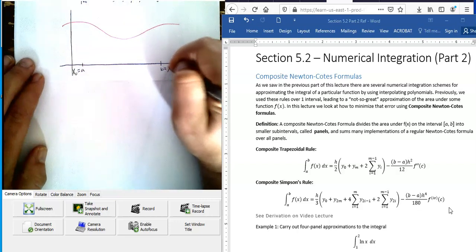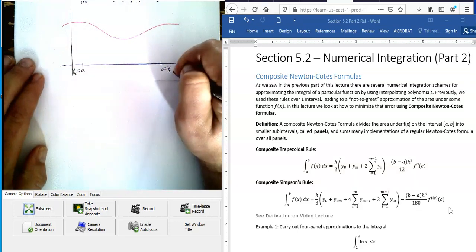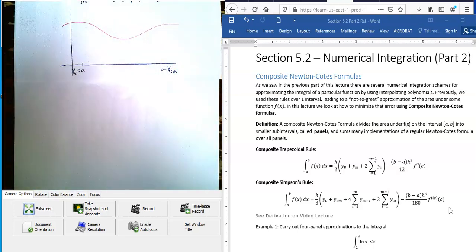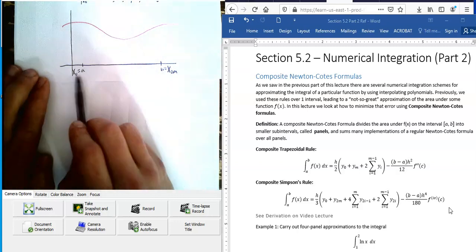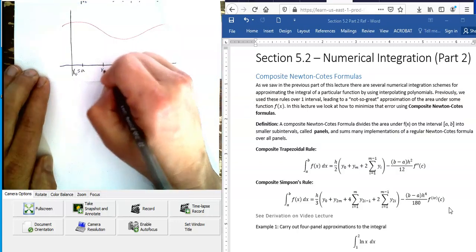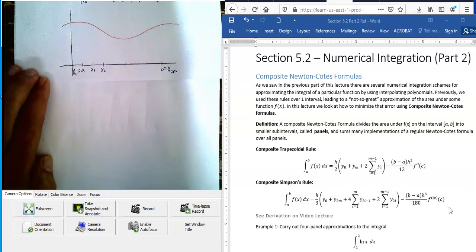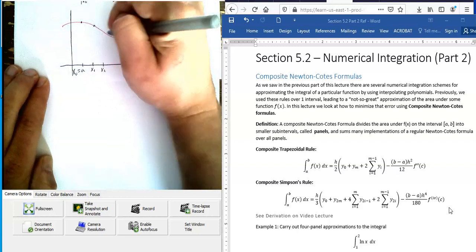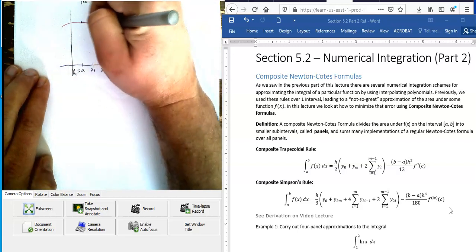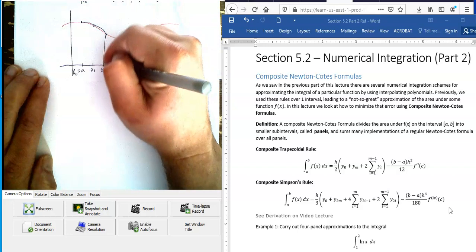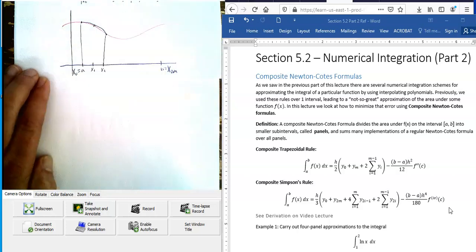There will be twice as many x values as we have in the trapezoidal rule, because the interpolation uses more points per panel. So here the first panel would go up to x2 and use x1. Again, we would use these points along the curve, interpolate a quadratic to them, and find this area here.